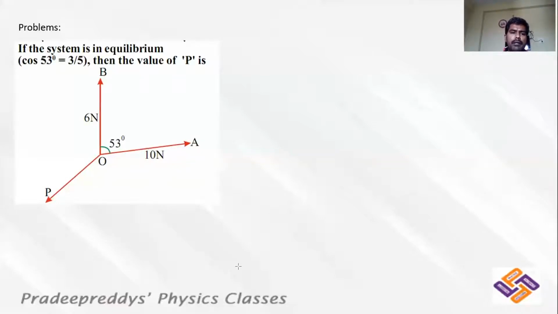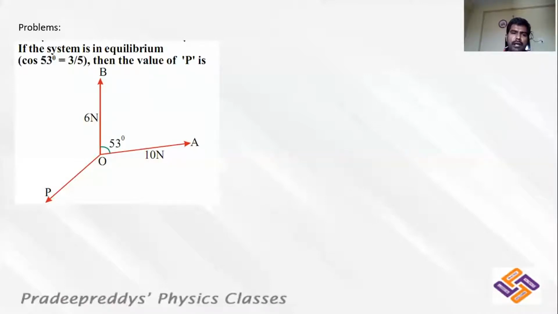A bar, B bar and P bar are all forces. A bar is 10 Newton as mentioned in the problem, B bar is 6 Newton and the angle between B bar and A bar is 53 degrees. You should now find the vector P bar.